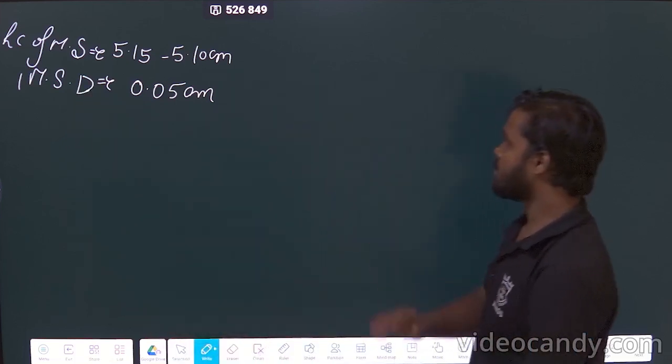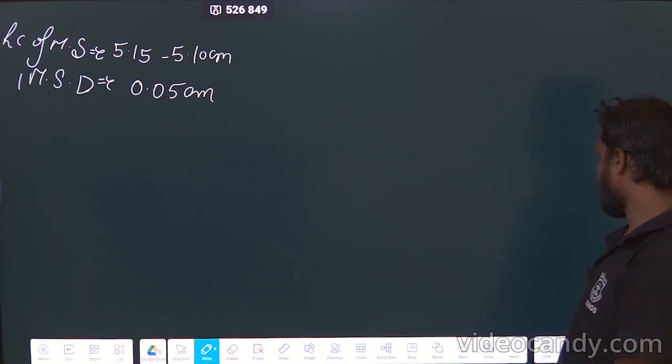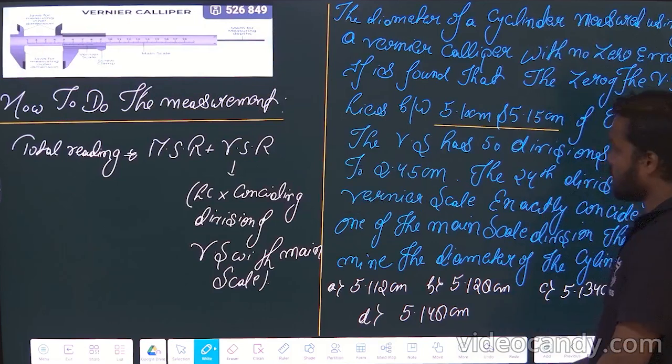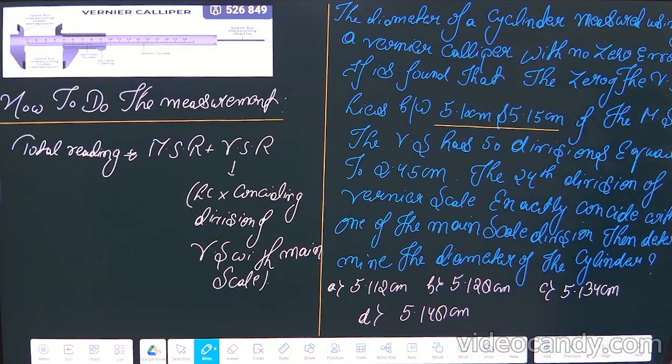So that is my main scale division. I got 1 MSD. Now we have to find 1 VSD, then only we can calculate the least count. Now let us read again. Now it is given that vernier scale has 50 divisions, which is equal to 2.45 centimeters.